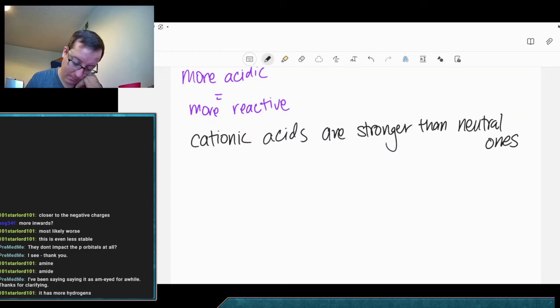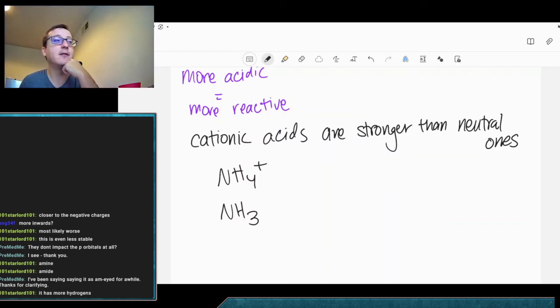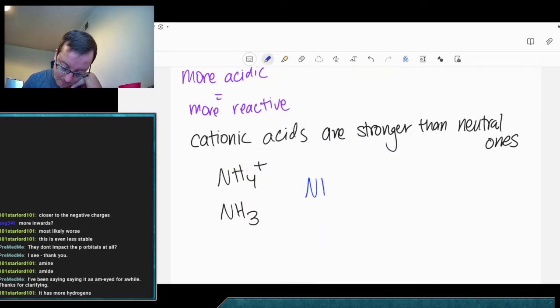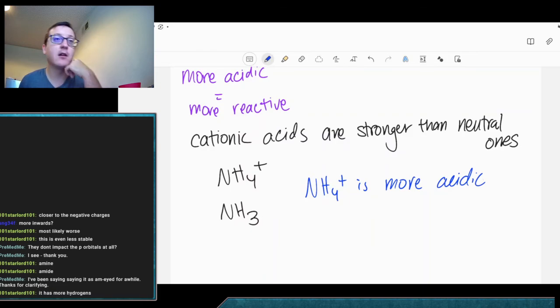If we're looking at these two, ammonia versus ammonium, hopefully we can see that the ammonium is going to be the acidic one, the more acidic compound between the two.